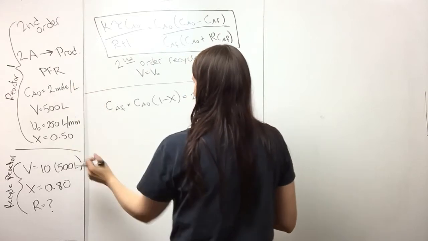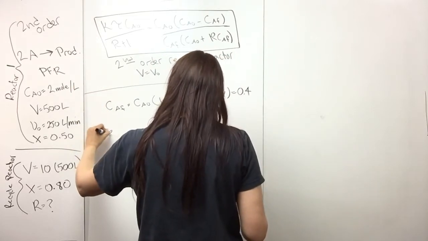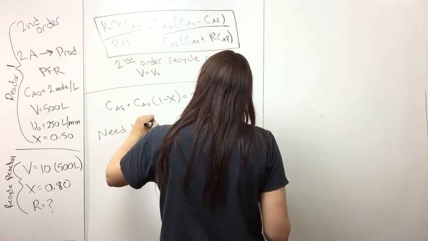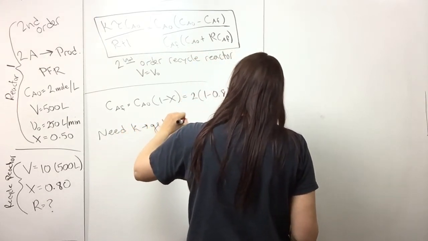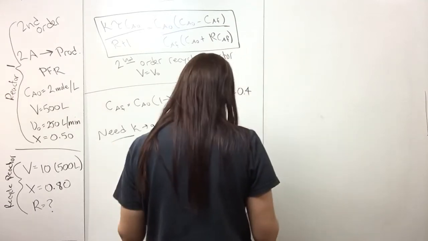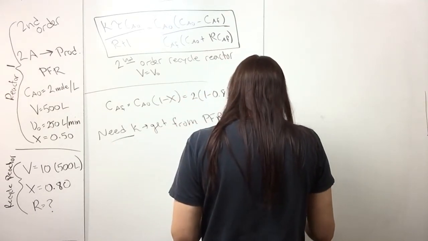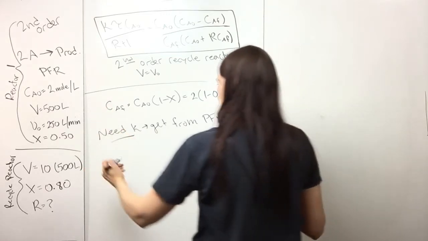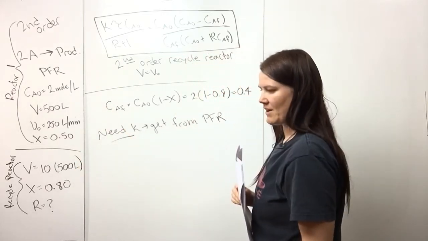And we know CA naught, and so the only thing we need is k, and we can get that from the PFR. So we need k from the PFR. So then we just go through the regular routes.